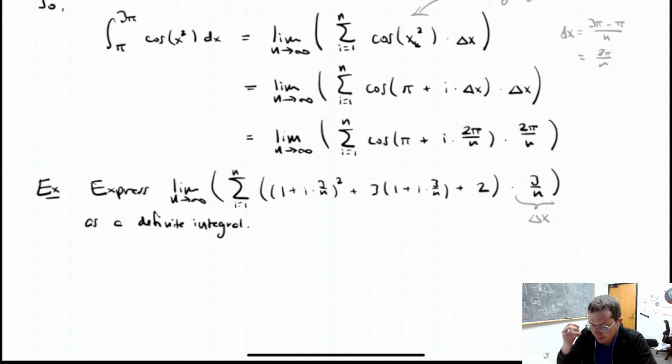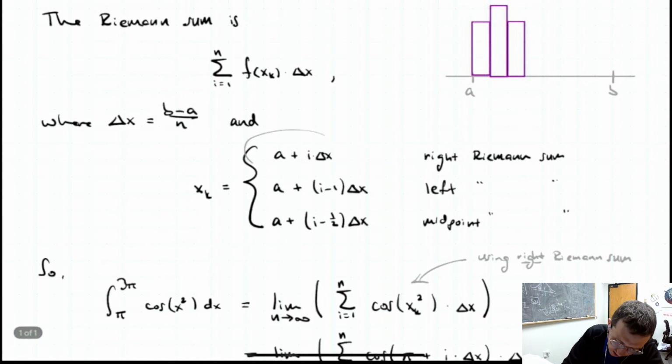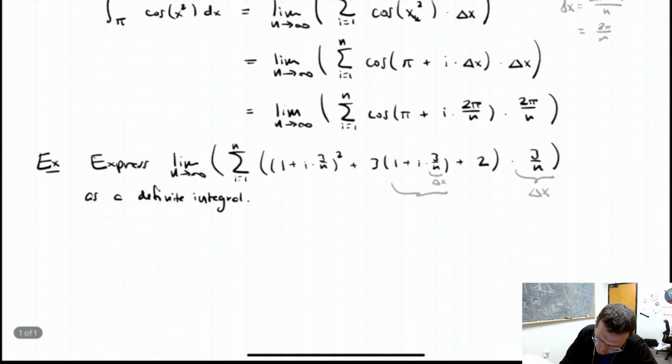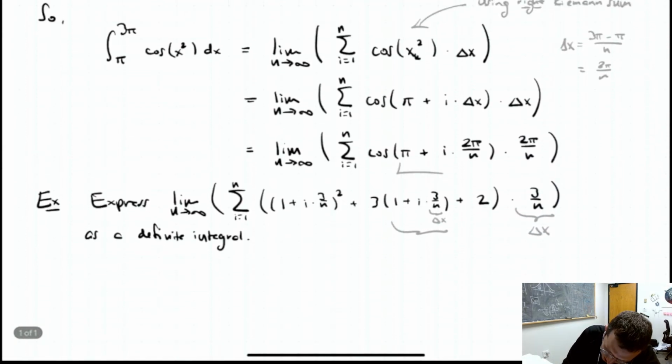Okay. So what other pieces do we recognize? I see this 1 plus I times 3 over n. I already know that 3 over n is delta x. And I also know that I should expect to see an a plus I times delta x. In the previous example, that looks like pi plus I times 2 pi over n.